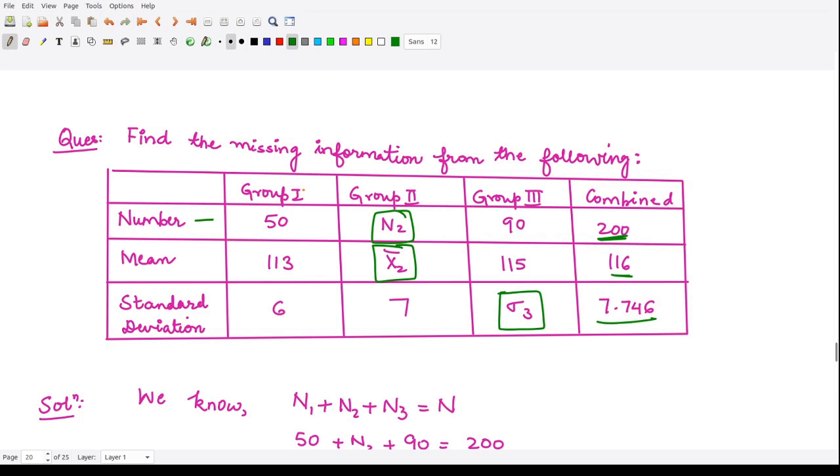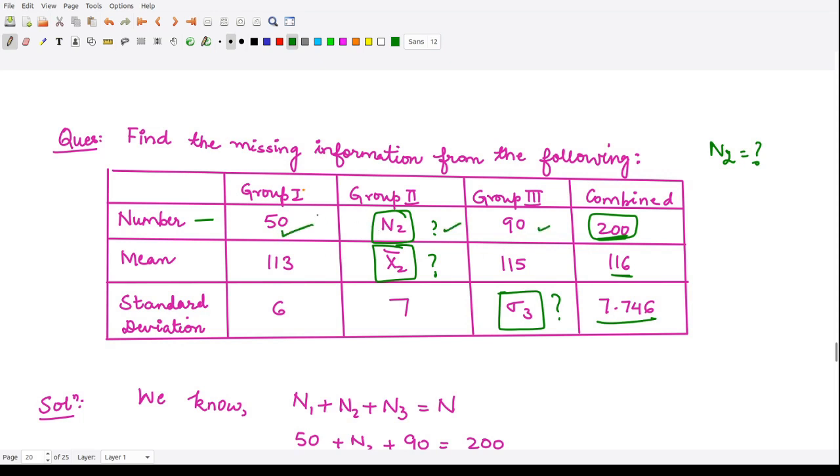Now here we are to determine N2, x2 bar, and sigma 3. So accordingly, it is very easy to calculate N2. Why? Because we are given the total number of data entries here, the total frequency, which is 200. So this would be equal to the sum of these three.